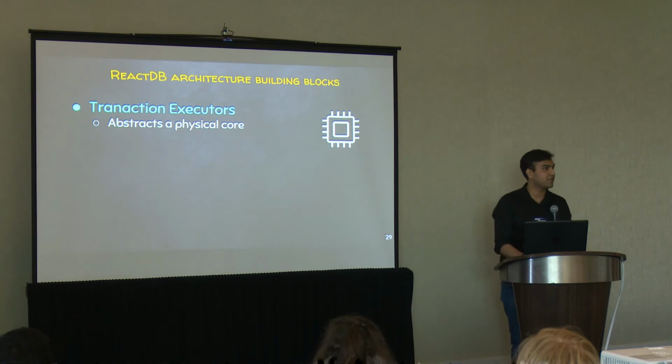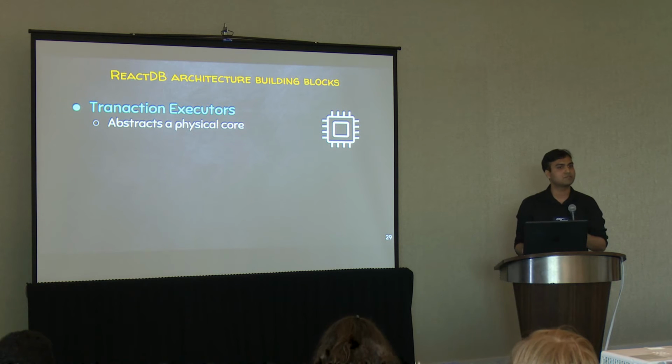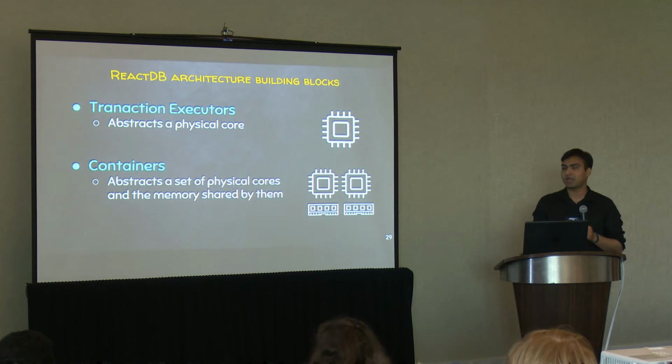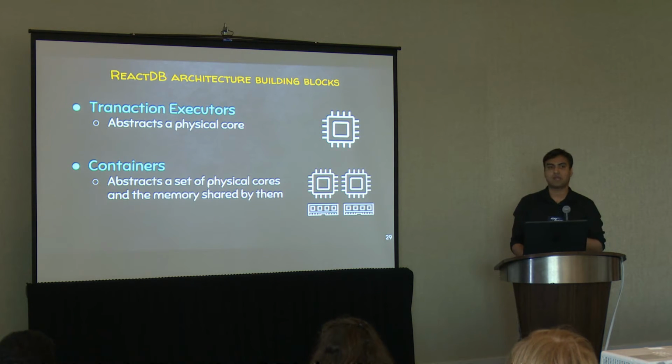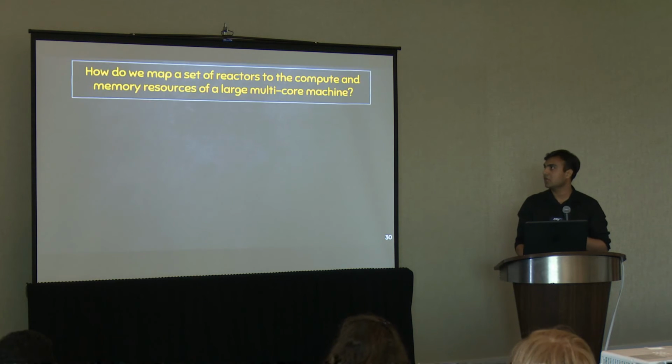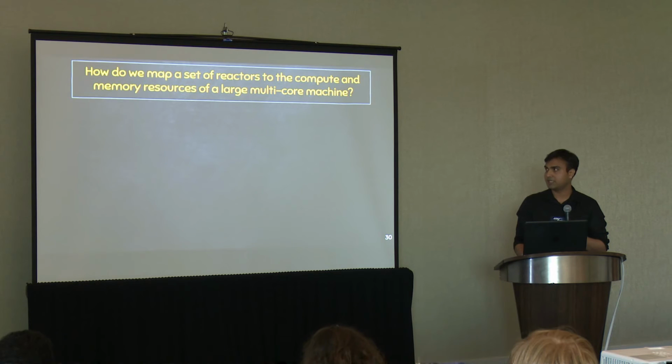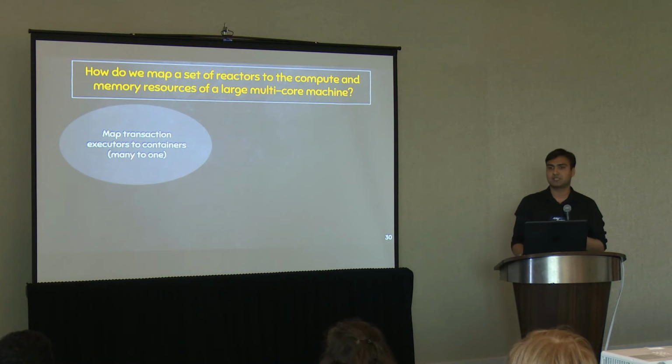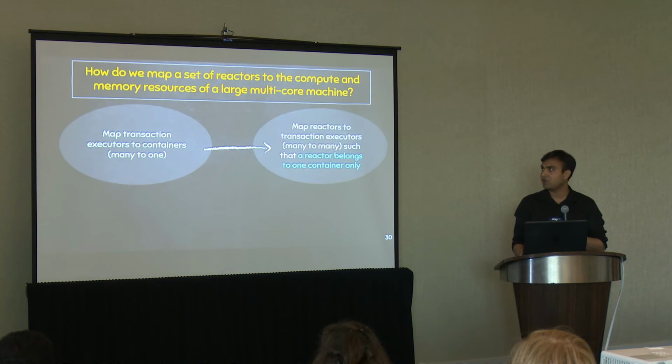So instead, we abstract a machine in terms of certain building blocks, and our first building block is that of a transaction executor that abstracts a single physical core. Our next abstraction is that of a container that abstracts a set of physical cores and the memory that is shared between them. So now what we need to do is first map transaction executors to containers, and then we need to map reactors to transaction executors under the constraint that a reactor can be mapped to only one container.